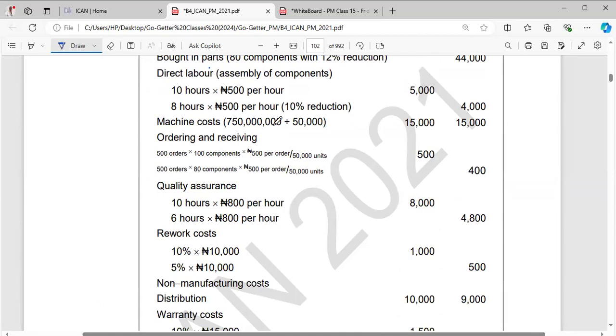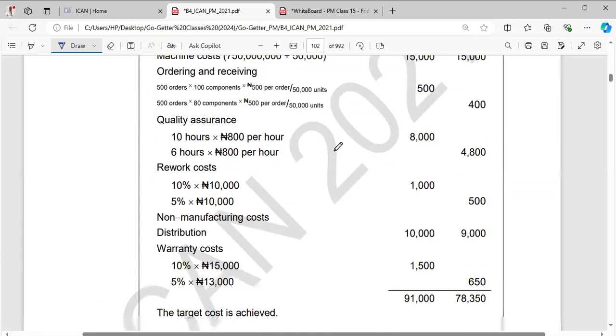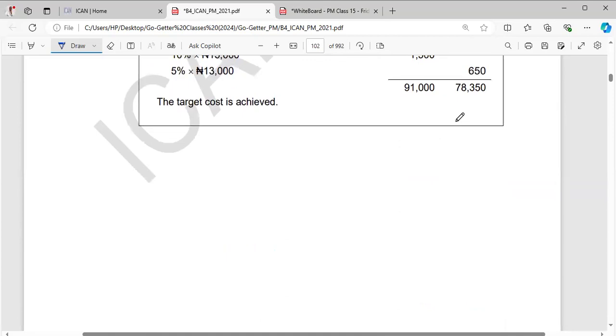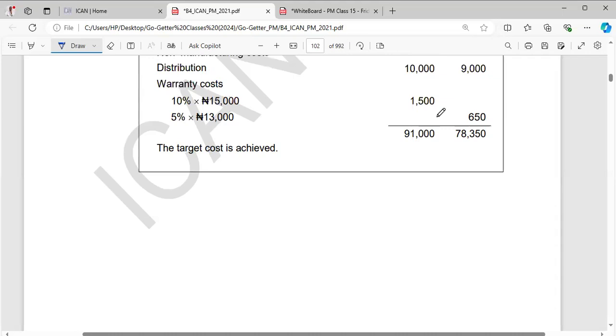But if the before and after are different, you do one and do the other one on the line below. So whichever method is okay for you, then it's fine. So the question will help you to achieve your target cost. So you cannot say that the cost is not achieved. So you need to look for ways from the question to ensure it is achieved.